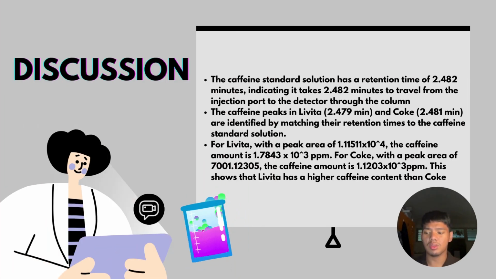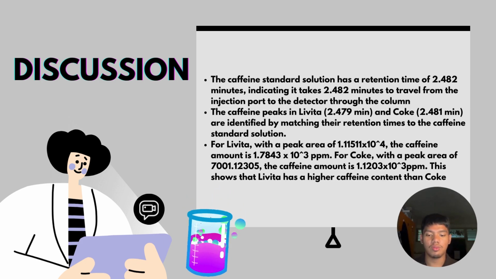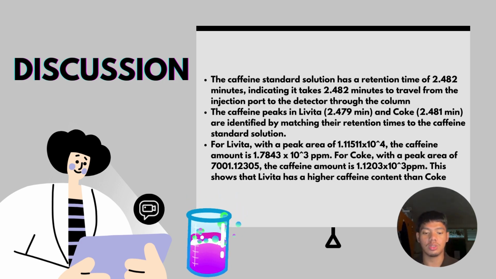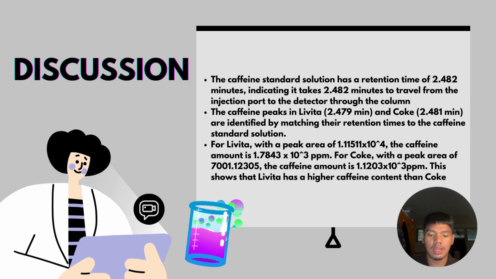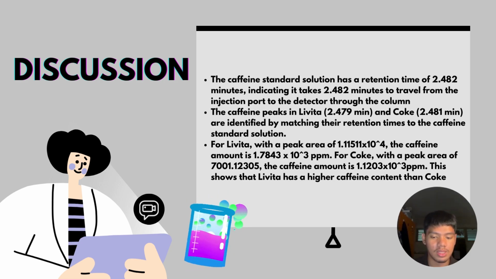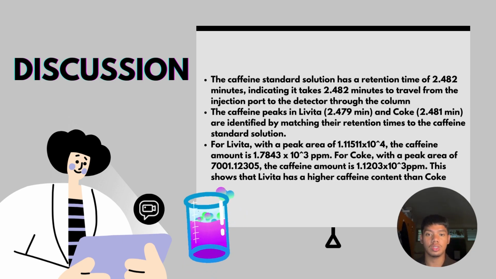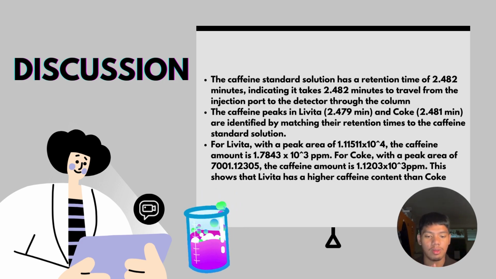So with all these numbers, what does it mean? The 2.482 from the caffeine standard indicates that it takes 2.482 minutes to travel from the injection port to the detector through the column. The caffeine peaks in Levita at 2.479 minutes and Coke at 2.481 minutes are identified by matching their retention times to the caffeine standard solution, the closest or the margin value of the peak.